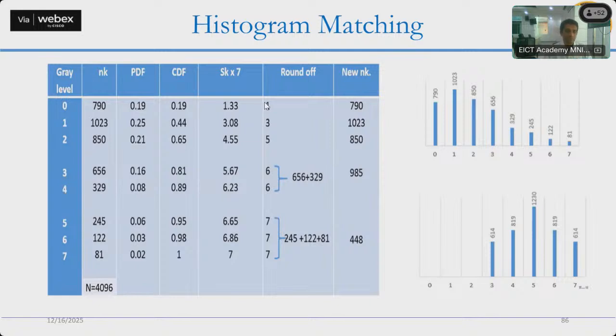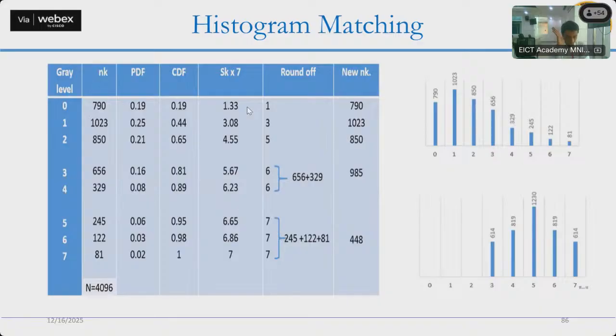And we will see it here. When rounding off, if the value is less than 0.5, it is considered as that number only. If it is more than 0.5, then we round it to the next digit.